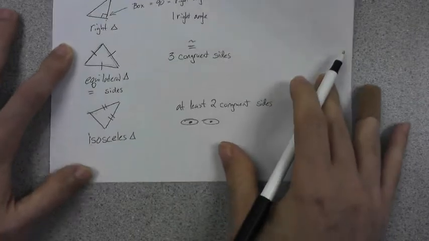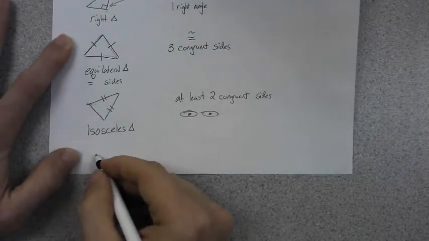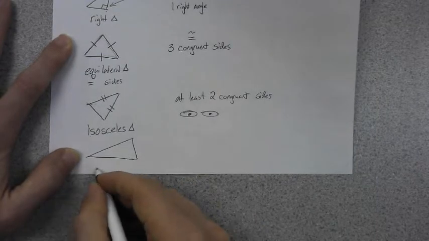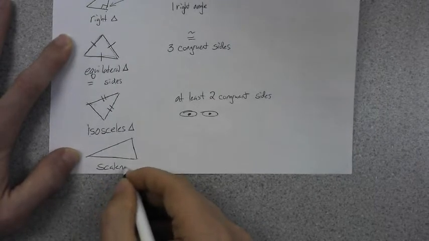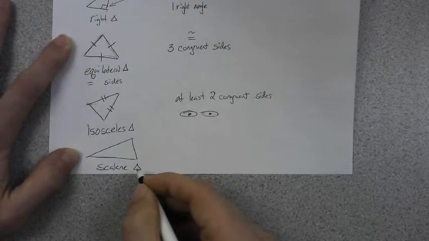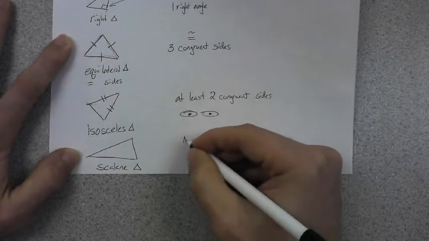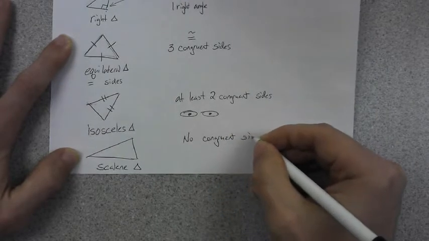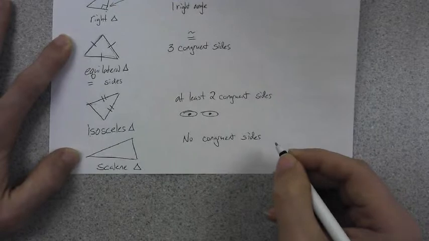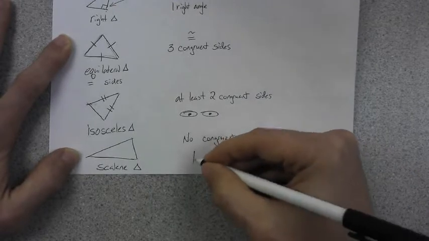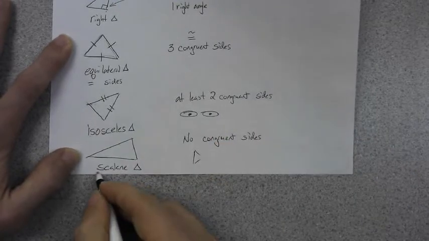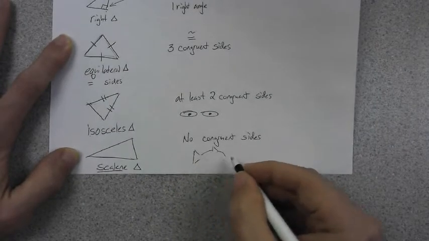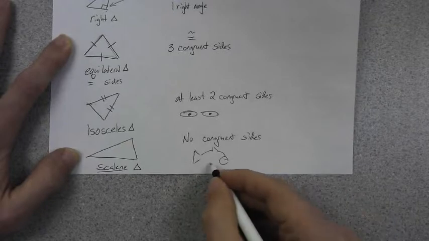Hopefully that helps you. And the last one we're going to go over is scalene. Now, with a scalene triangle, you have no congruent sides. No congruent sides. So, easy way to remember that, when you think of scalene, the first letters make the word scale, and scale, you can think of a fish.